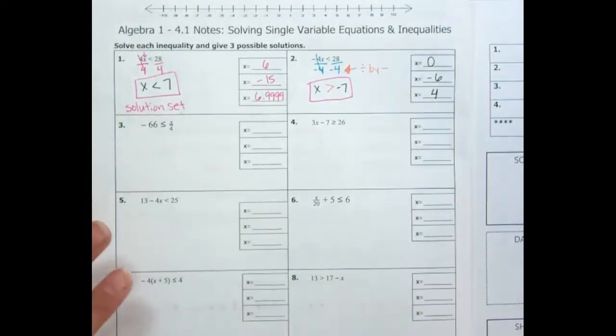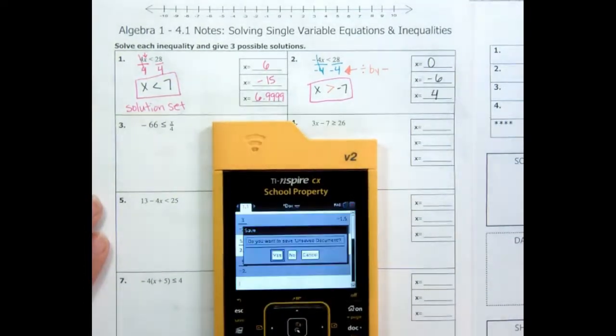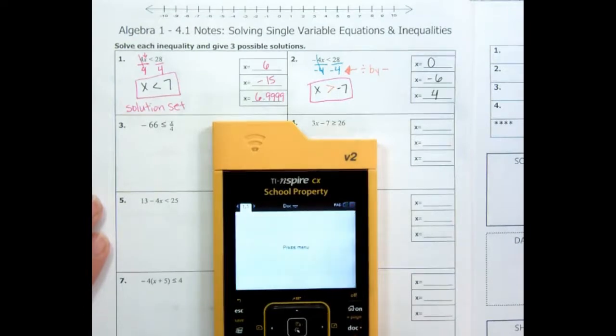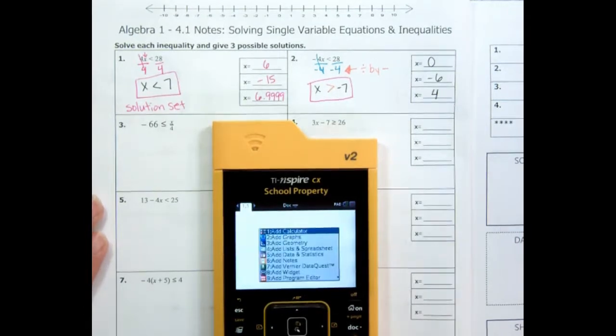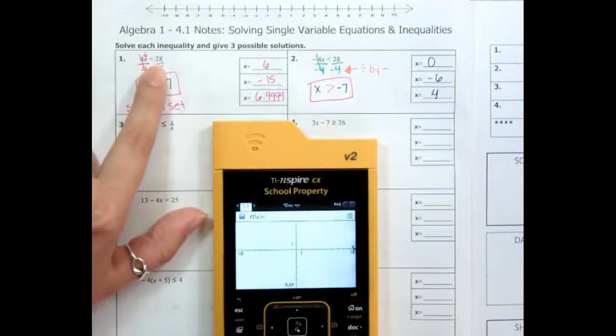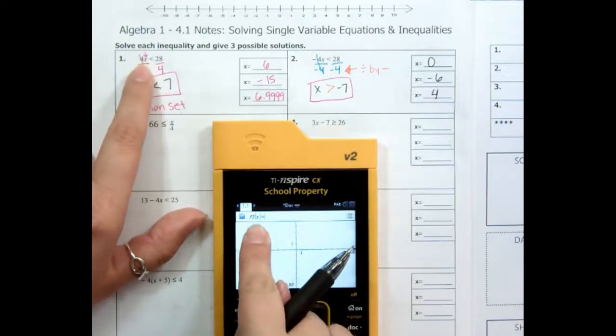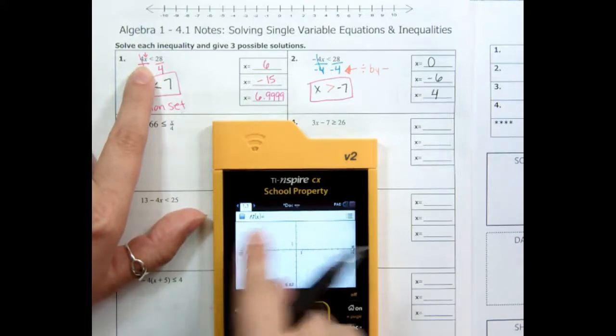Okay? So let me show you how the calculator will do what they look like if you try to graph these. Okay? So we're going to do new documents, don't save, add a graph. So, anytime you have something that doesn't start with y equals, so for instance, if I want to go back and graph number 1, 4x is less than 28. It doesn't start with y equals, or f of x equals.